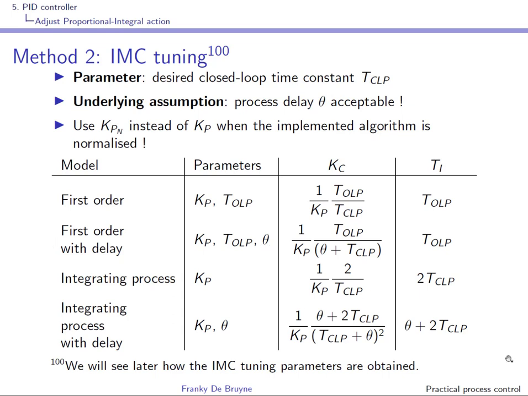Another influence that I forgot to mention is that when you choose a smaller desired closed loop time constant, this is going to cause a more aggressive control because Kc is going to increase.